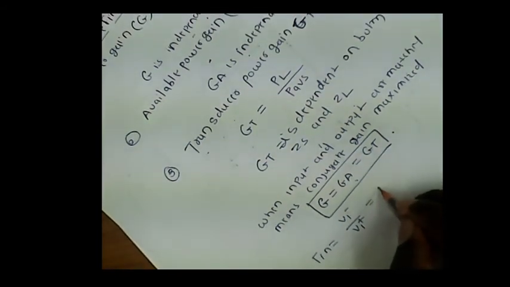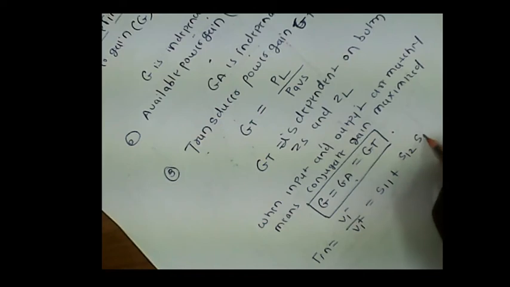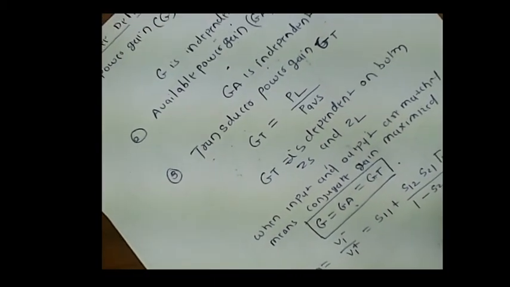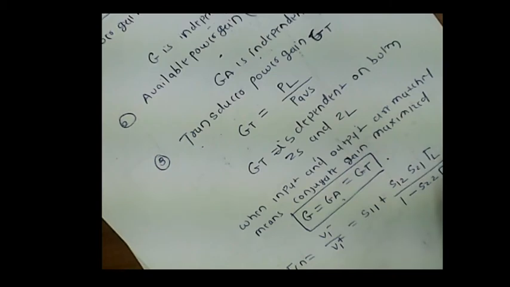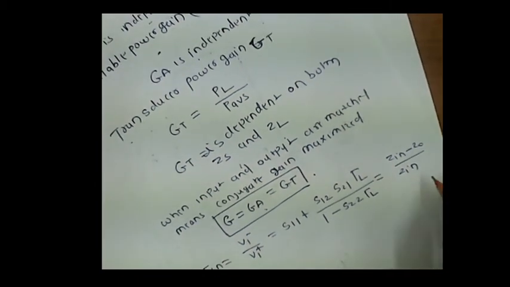That can be defined in terms of S parameters as S11 plus S12 S21 gamma L divided by 1 minus S22 into gamma L. If we put the value of reflection coefficient, we can get it in terms of the input impedance: Z in minus Z naught over Z in plus Z naught. So this is equation number 3.